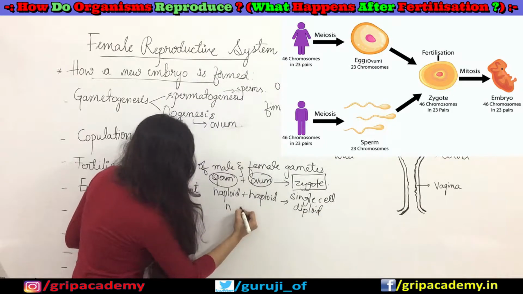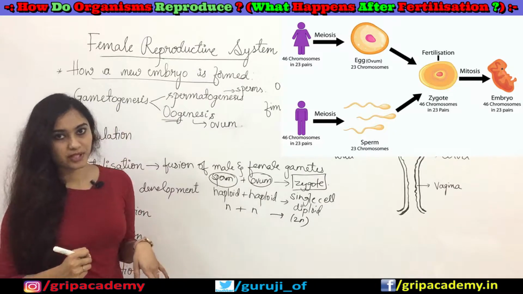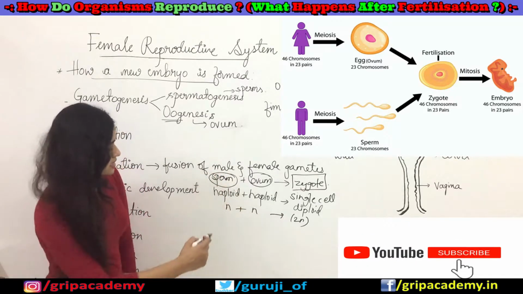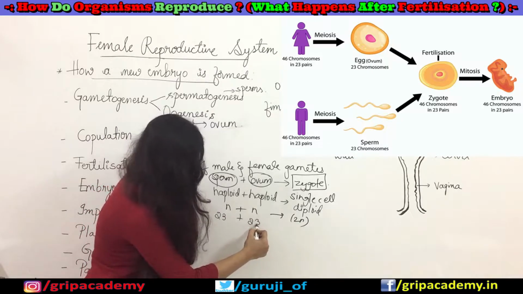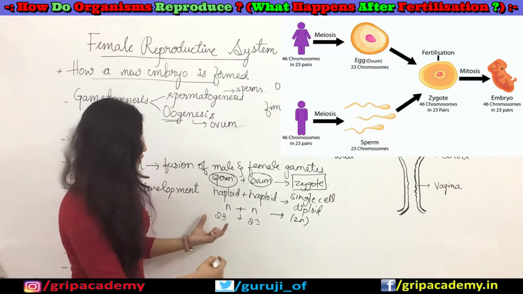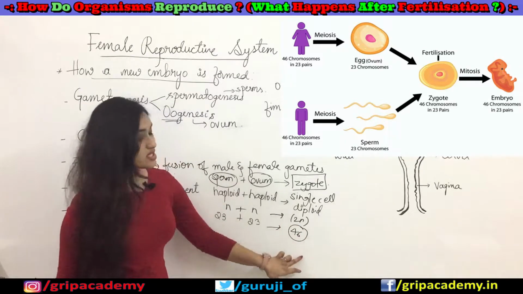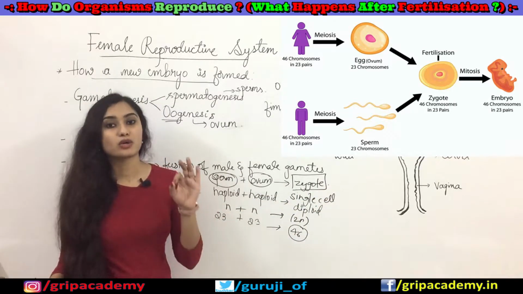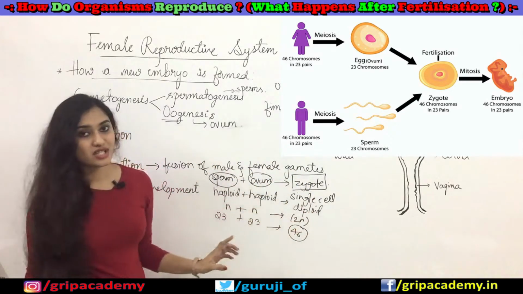It's like N plus N leading to 2N. Here the sperm contains 23 chromosomes and the ovum contains 23 chromosomes. Together when they combine, they form 46 chromosomes, which is the human chromosome number, right? So this is how fertilization happens.